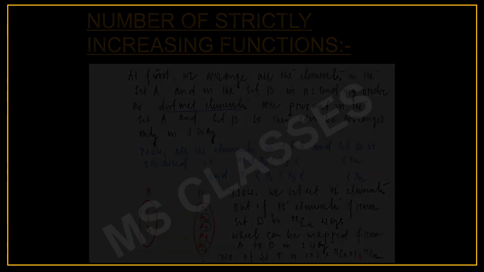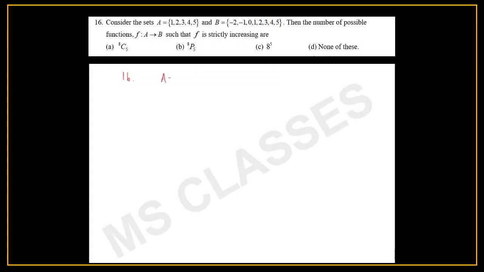Done. Set A has 1, 2, 3, 4, 5. Set B, we are having -2, -1, 0, 1, 2, 3, 4, 5. f maps from A to B. We want the number of strictly increasing functions. So first of all, n(A), how many elements? 5 elements.